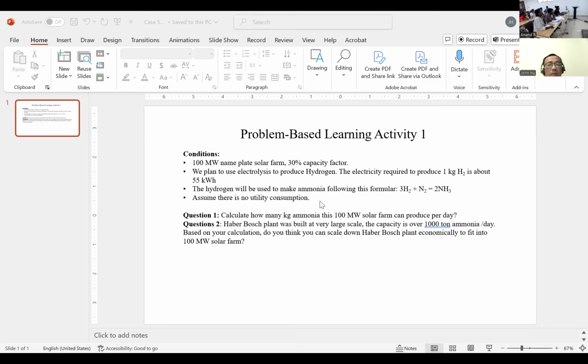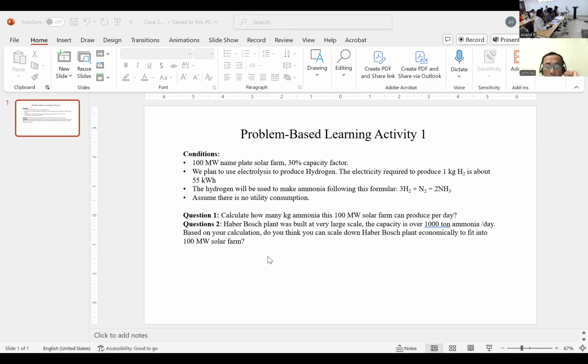Assume your hydrogen will go to ammonia, but actually a lot of this power will not go to hydrogen. You have to set power aside to run your condenser and your pump. But let's eliminate that. I just want all this power, at the capacity factor, to make ammonia.